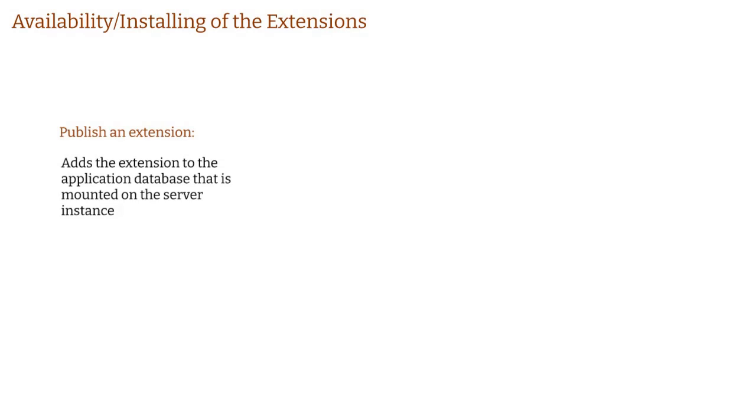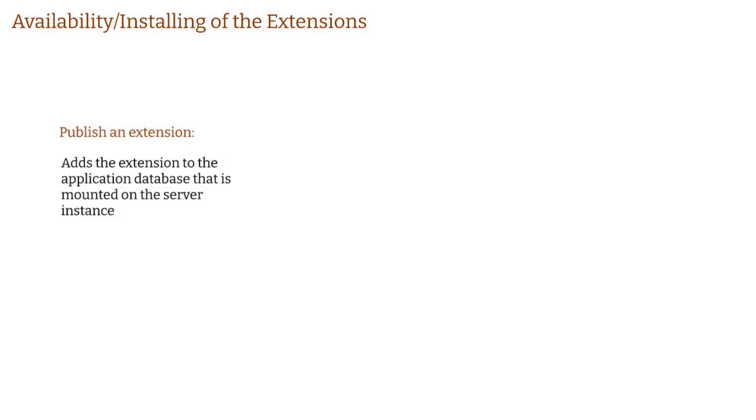Here are the essential steps for making extensions available in Dynamics 365 Business Central. Step 1. Publish an extension. Publishing an extension to a Dynamics 365 Business Central server or instance will add the extension to the application database that is mounted on the server instance, thereby making it available for installation on tenants of the server instance.